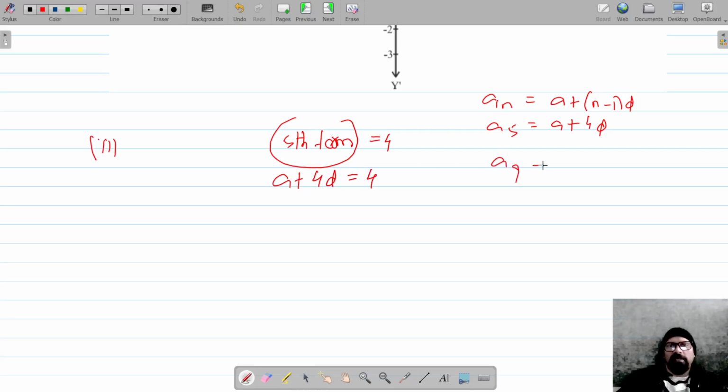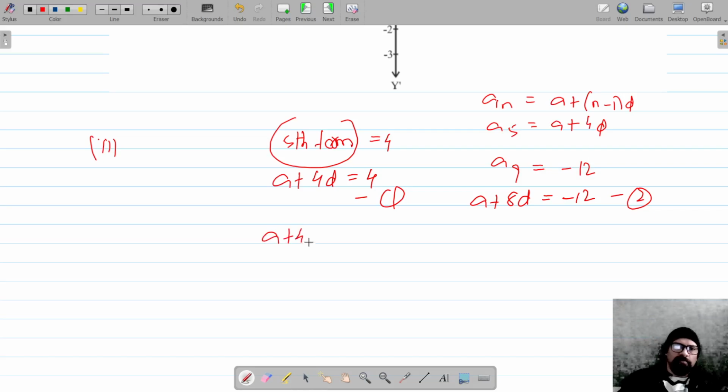Similarly, the ninth term is negative 12, and it can be written as a plus 8d is equal to negative 12. This is equation 1, this is equation 2.